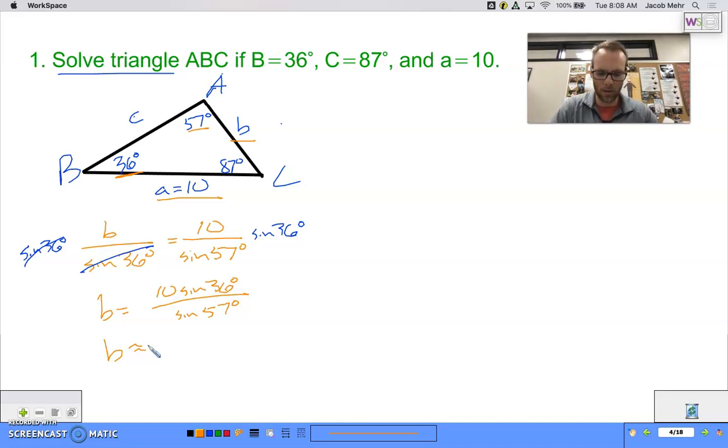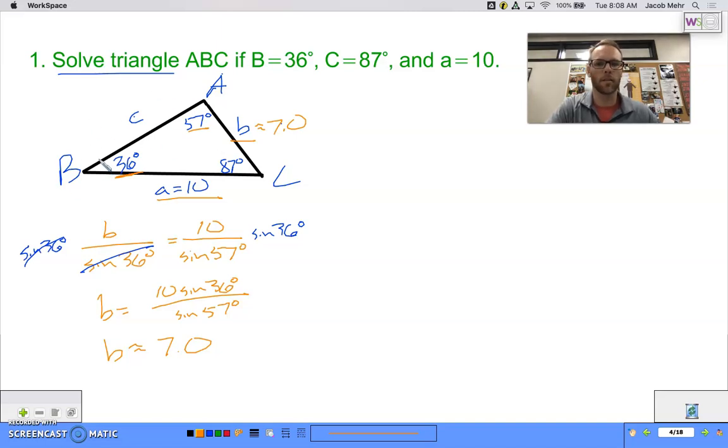I'll make sure my mode is in degrees, which it wasn't. So there we go. So I'm just going to type in 10 times the sine of 36 divided by the sine of 57. And voila, it's about 7.0. All right, so we've got that one.